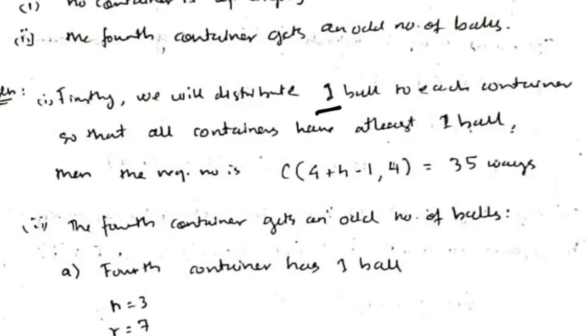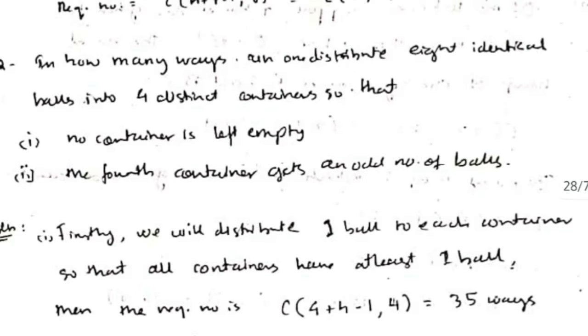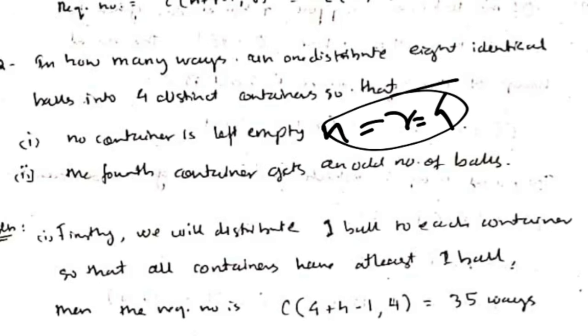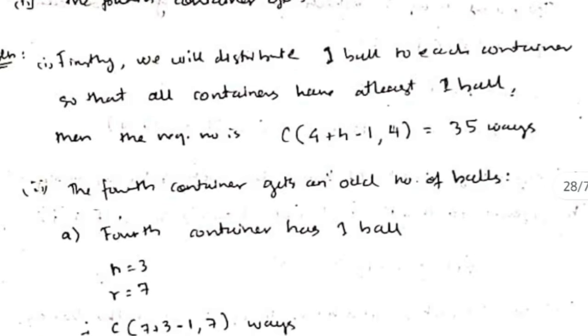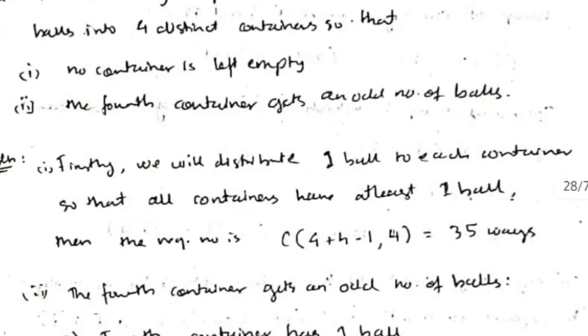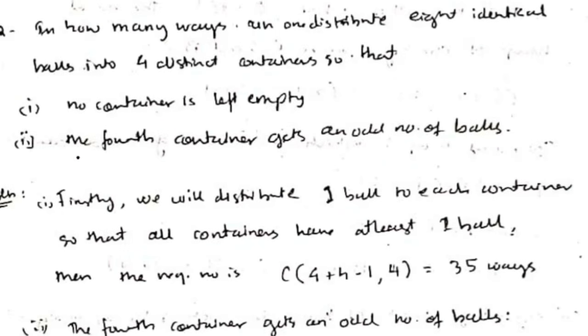If we fill each container with one ball, 4 balls will be used, so the remaining balls will be 4. So r and n both will be 4, and by using these values of r and n, apply them in this formula, n plus r minus 1 comma r, then you will get the final number of ways.